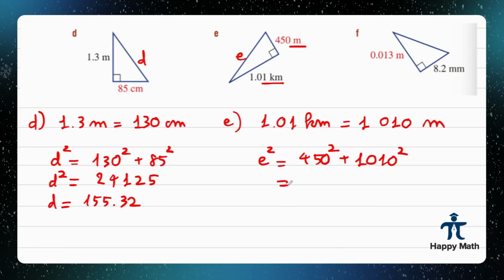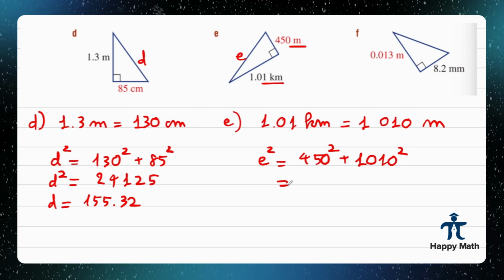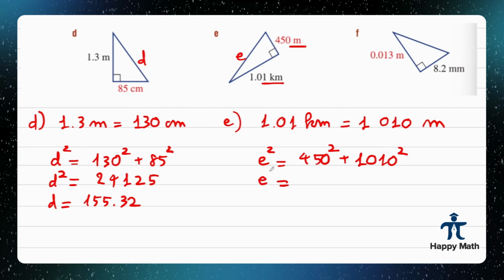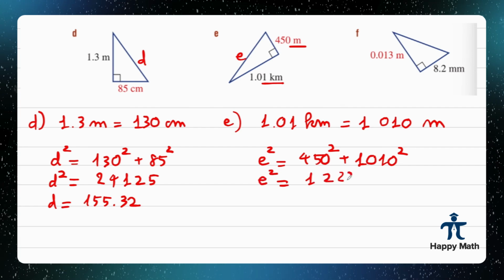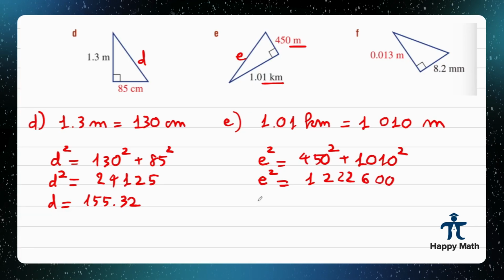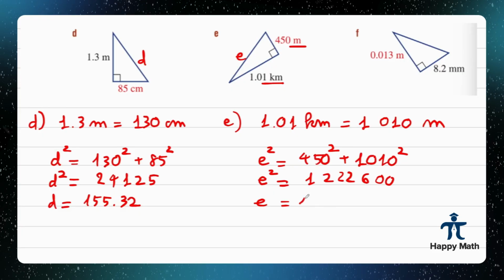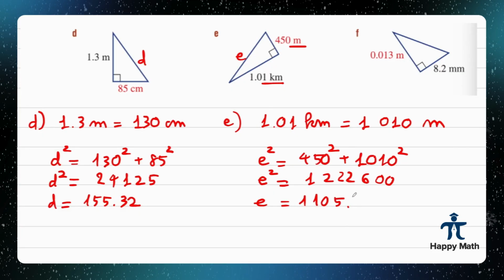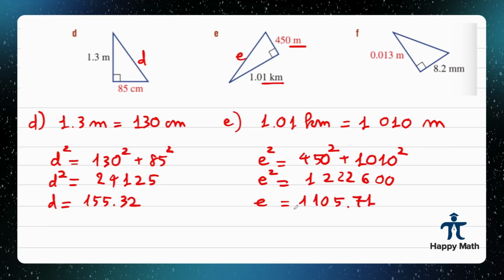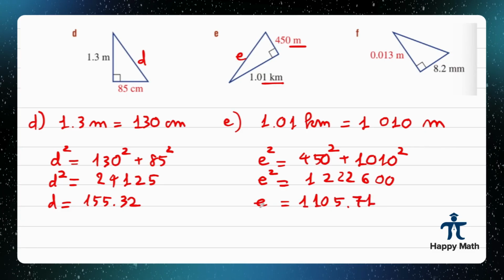One more time, I need my calculator. Squaring these numbers gives 1222600, and E will be the square root of this number. You get 1105.71, to 2 decimal places.